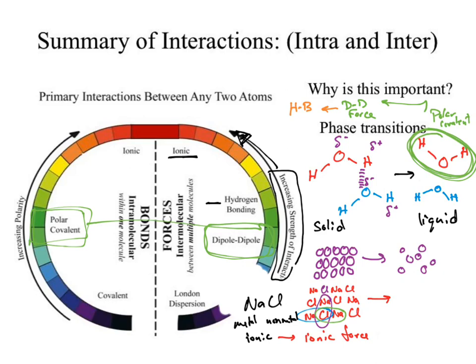Like, oh, hydrogen bonding is the strongest thing. No, it is not. Hydrogen bonding is an exceptionally strong force. There's stronger forces called ionic. There's stronger bonds called ionic and polar covalent. Hydrogen bonding is a strong force relative to most of our covalent compounds.